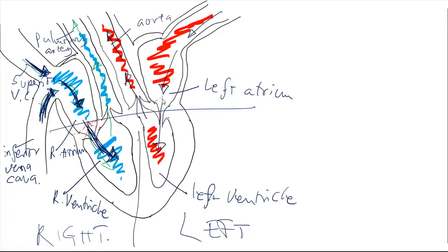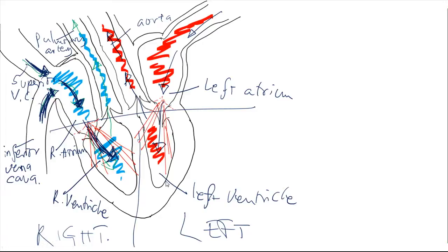Once again on this side, this will prevent backflow. And the way it does that is with the use of the chordae tendineae, which are simply the heartstrings or tendinous cords, which will stretch out and prevent the blood from going back in the wrong direction.